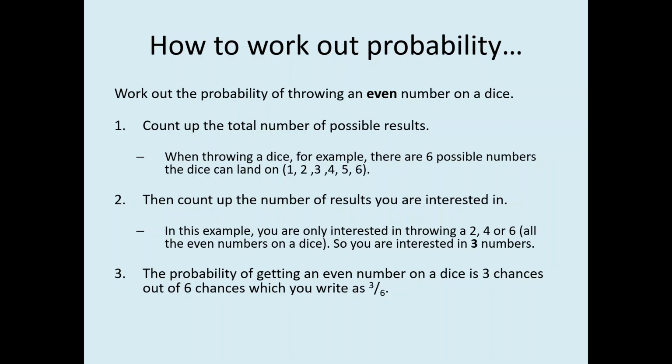Then count up the number of results you are interested in. In this example, you are only interested in throwing 2, 4 or 6, all the even numbers on a dice. So you are interested in 3 numbers. The probability of getting an even number on a dice is 3 chances out of 6 chances, which you write as 3 by 6.